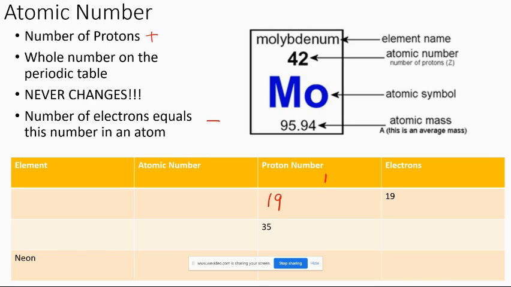So if I have 19 positives and 19 negatives, that equals out to 0. Okay. If we look up number 19 on our periodic table, we see that number 19 is potassium.